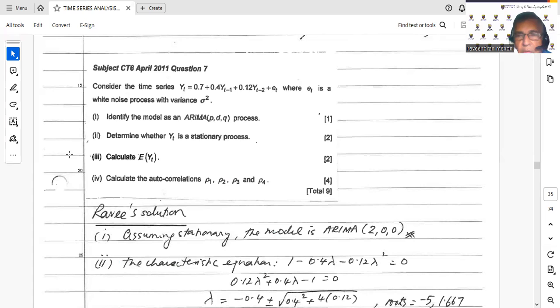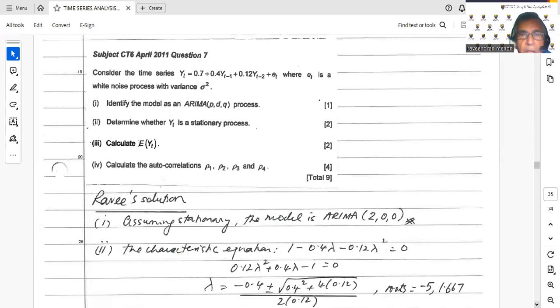Then, like just now, the characteristic equation will be 1 minus 0.4 lambda minus 0.12 lambda squared. Let me do that again here.